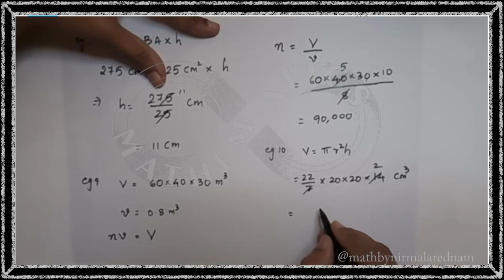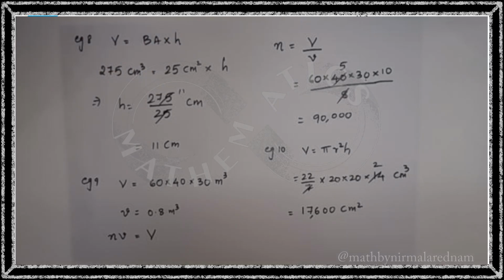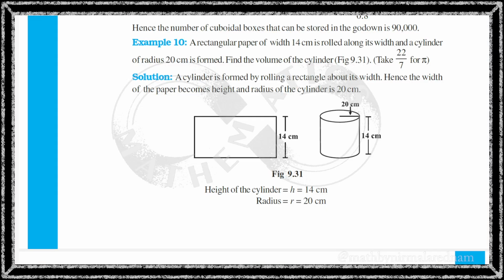So now I have 22 into, this is 44, 88, 88 into 2 is 176, and then I have 2 zeros, centimeter cube. So this is nothing but the volume of the cylinder. Next question.